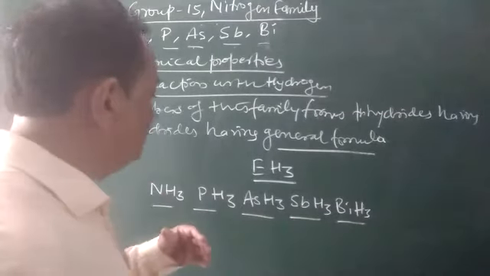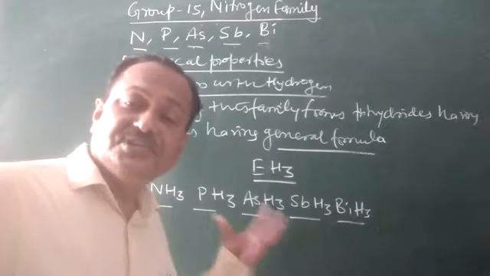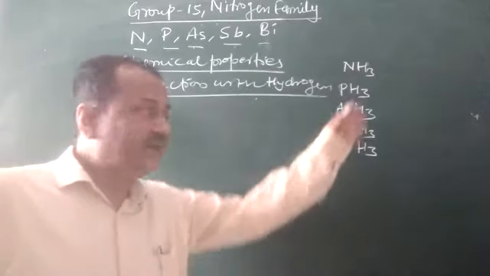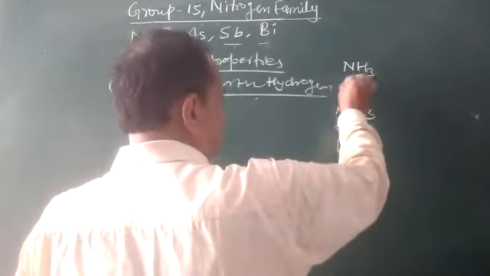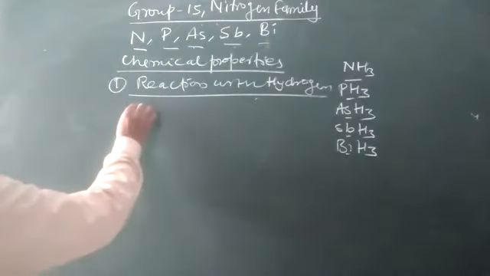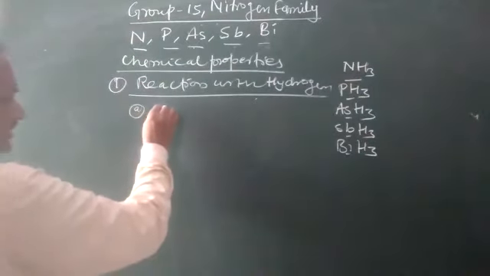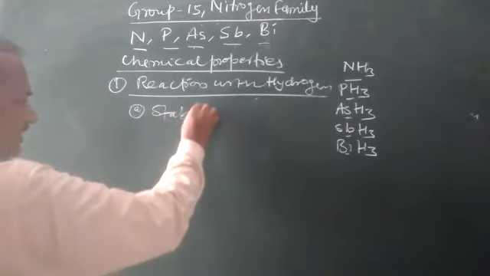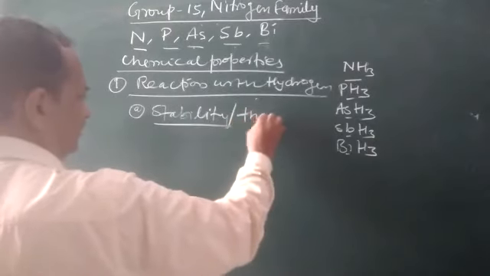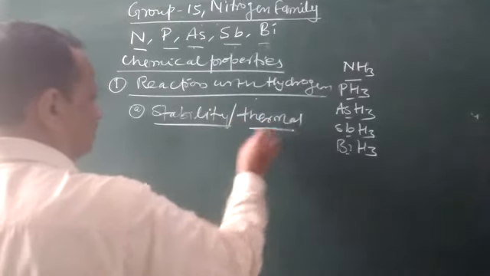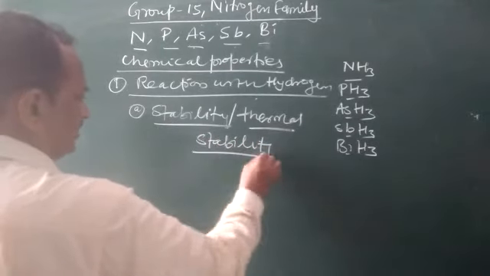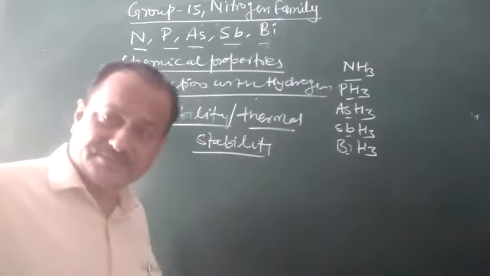Then we will see the very important point about their physical and chemical character. Now here I have written the list of the 5 hydrides. The first point is the stability, or more accurately thermal stability, which means the behavior towards heat.